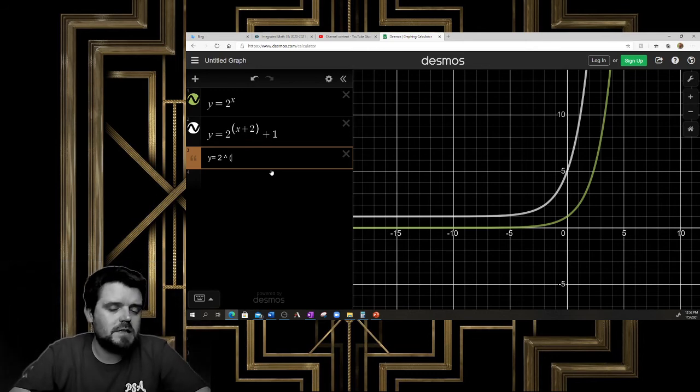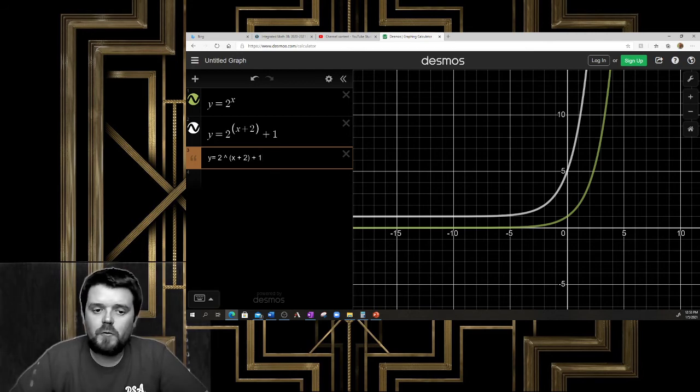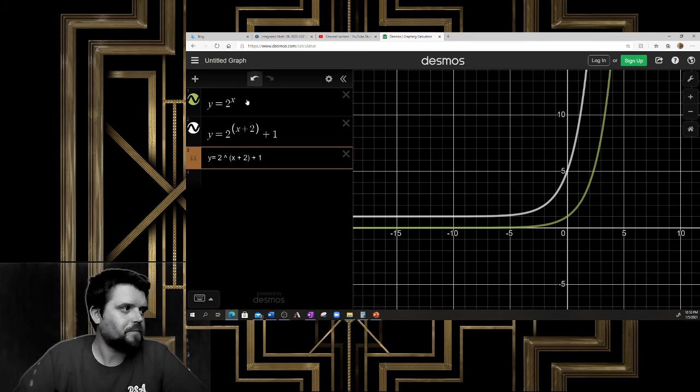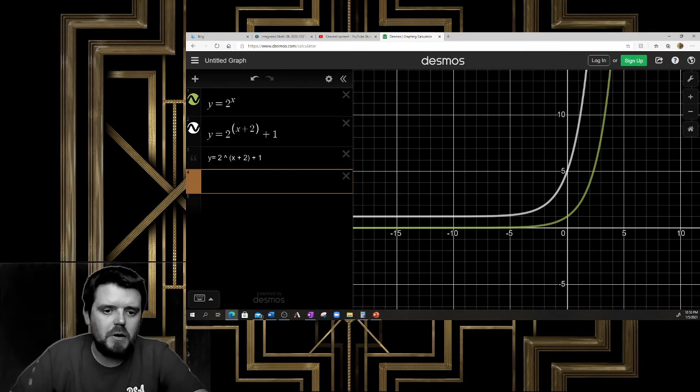So if I wanted to move it left 2, what we just did, then I would need to put x plus 2 inside the parentheses, and then plus 1. Because if you don't put the parentheses, I don't know if you're moving it left or right or up and down. So any left or right movement needs to be inside the parentheses if you're doing the simple text. If you're typing it into Desmos, then it'll just automatically generate that for you.